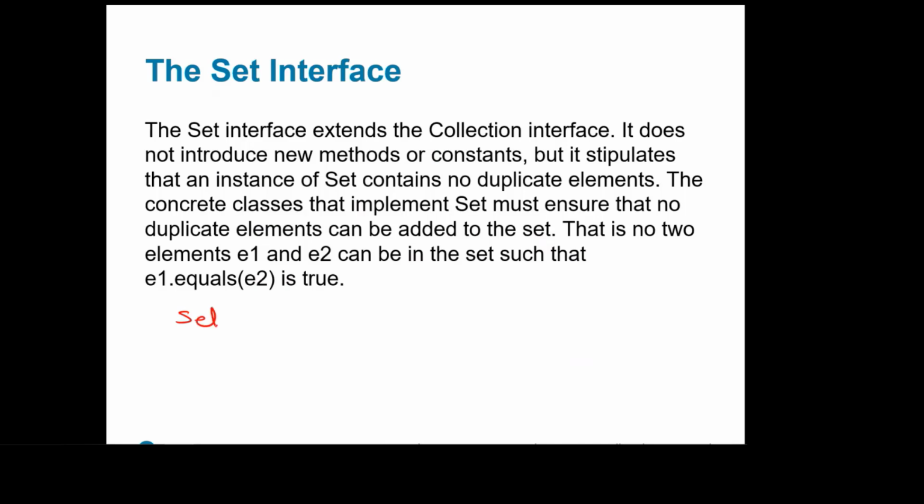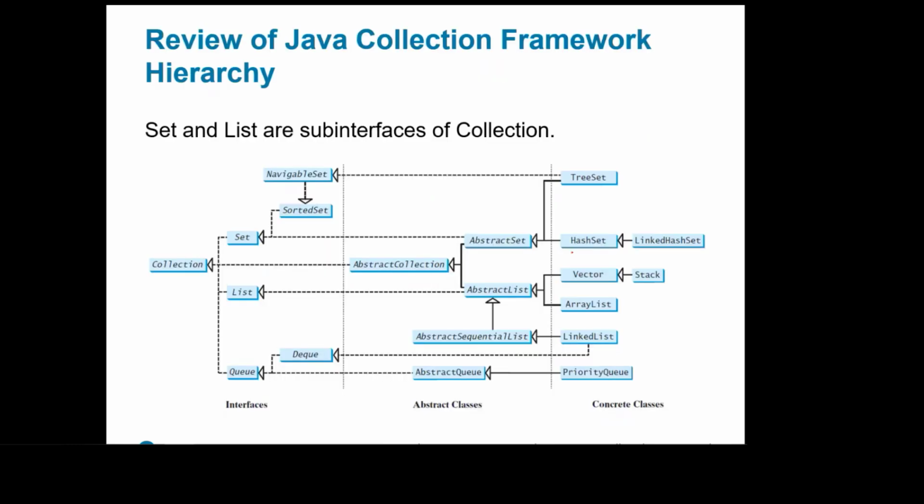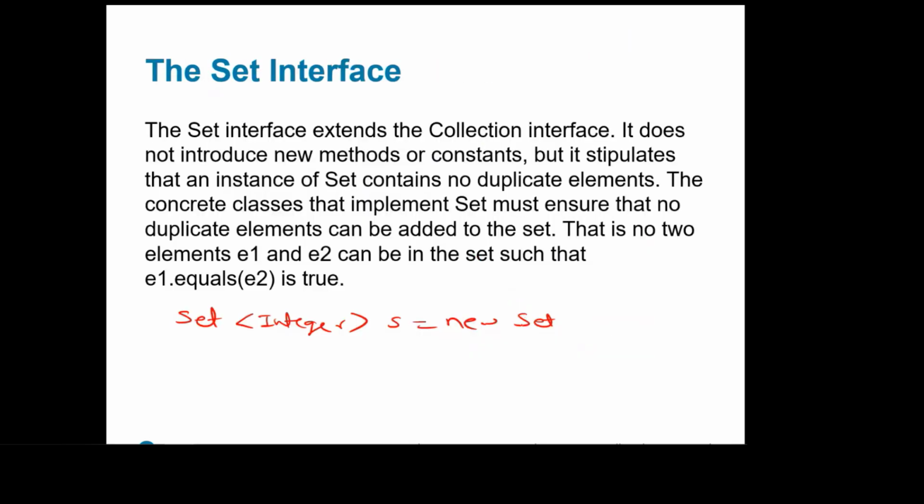So if I use set, let's say we created an integer set and S is equal to new set, or maybe we can, sorry, that is the abstract interface. So we are going to create an object of hash set, new HashSet. So if we create a new HashSet S, now we can apply different methods on it.